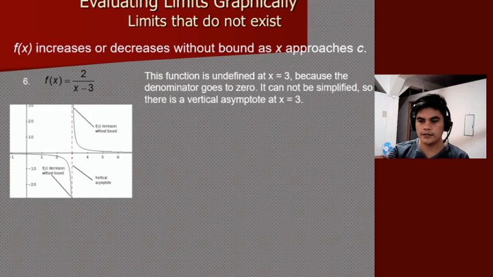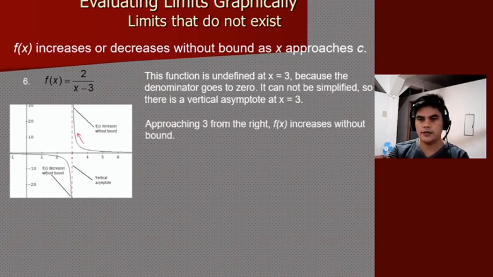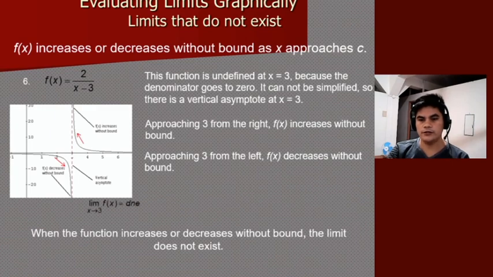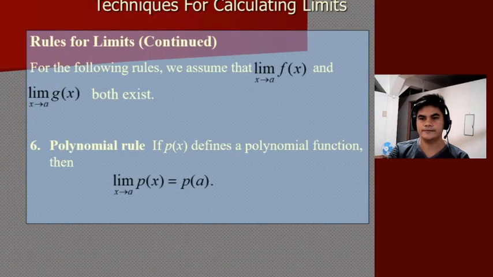Approaching 3 from the right, f(x) increases without bound. Approaching from the left, f(x) decreases without bound. When the function increases or decreases without bound, then the limit does not exist.